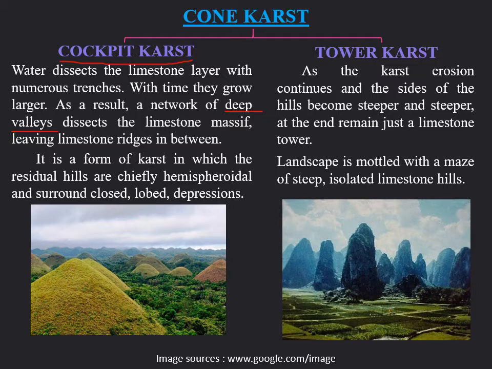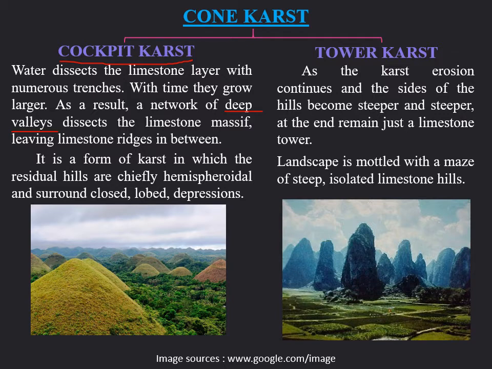Now, when the cockpit karst formation is over, if more chemical weathering occurs, at this time when the water passes through these valleys, only the lower portion of these mounds is now exposed or available for chemical weathering.